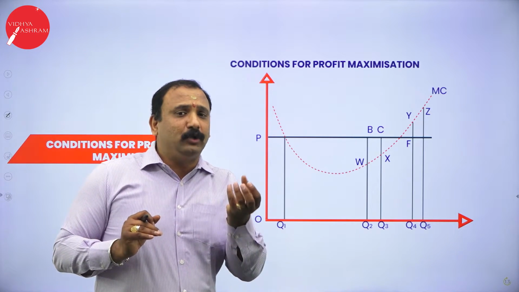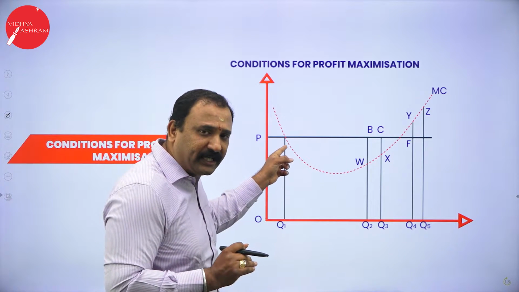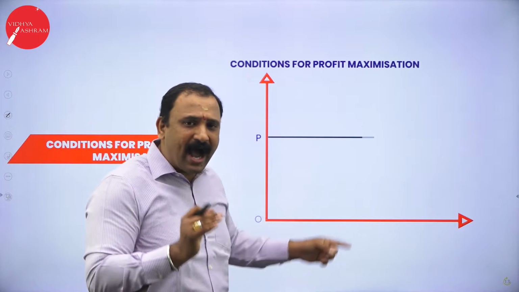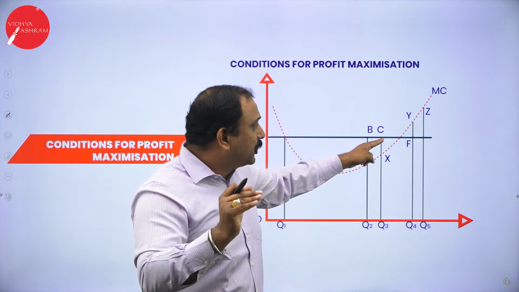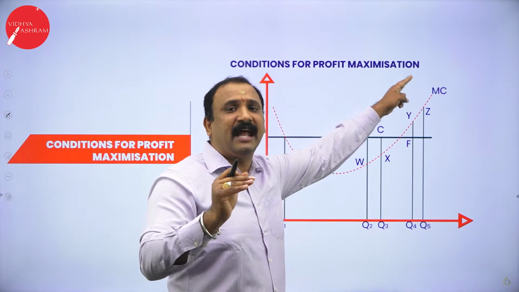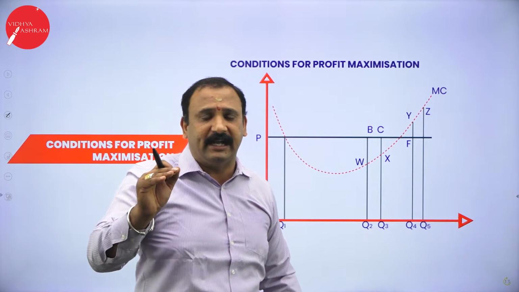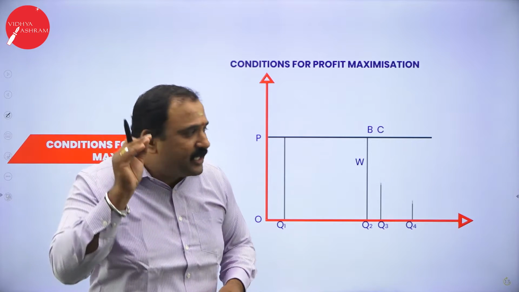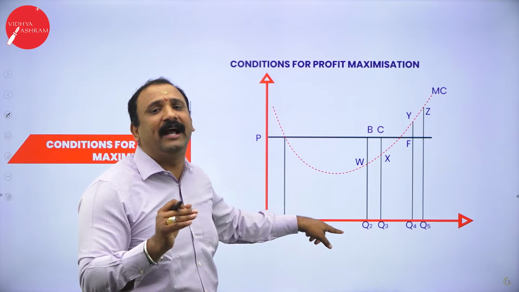So if I am going to produce a quantity Q1, you would see that the graph is coming downwards. In Q2, I am trying to increase. Q3, I am trying to go up. Q4, I have gone above the level, and Q5 is way higher. Now, what is happening here is that, symbolically, the marginal cost is coming down at Q1 and Q2.